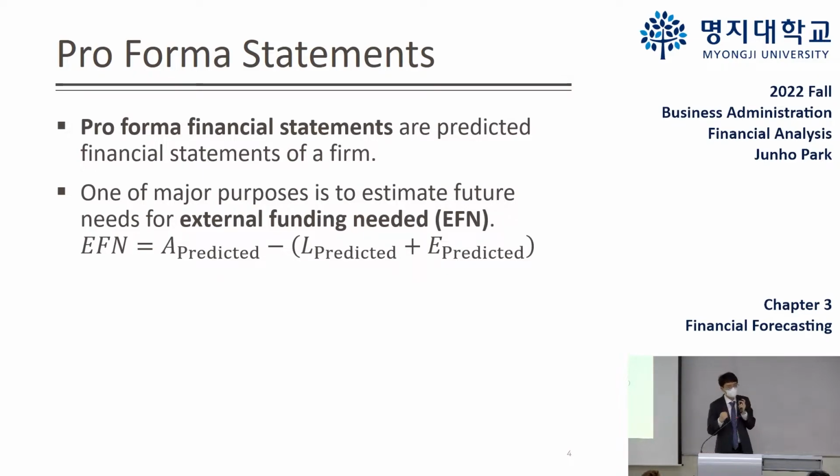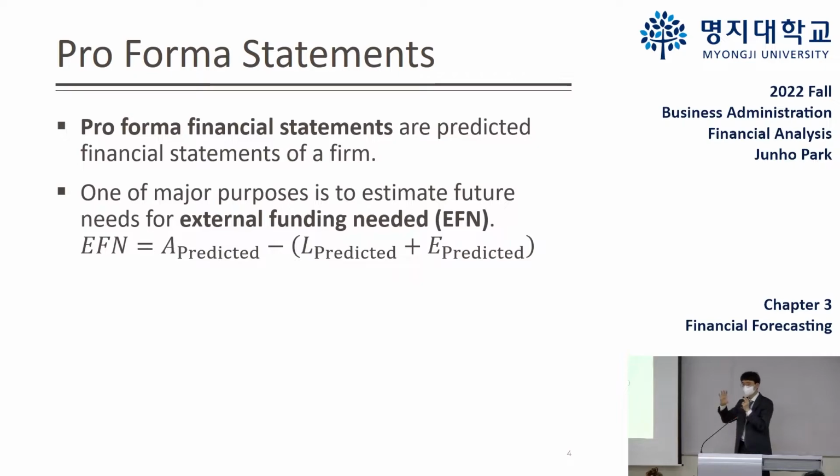So here's the idea. Generally a firm grows as time goes by, so maybe in the next year we will sell our products and services more to our customers, which means our sales will grow, and subsequently we need to have larger assets in order to sell more. So shortly, we can say that a firm's growth can be represented as the growth in our assets or the growth in our sales.